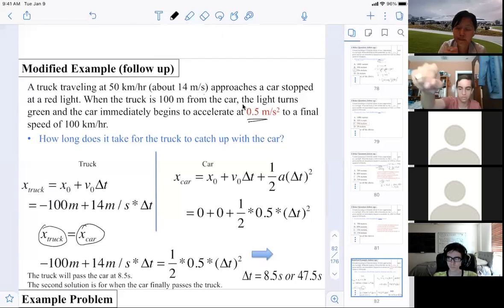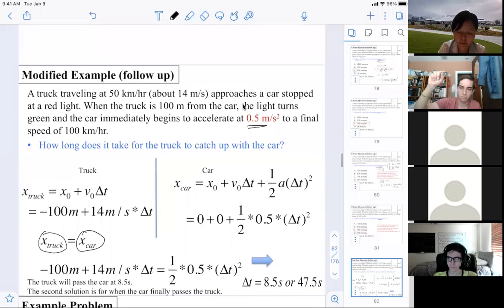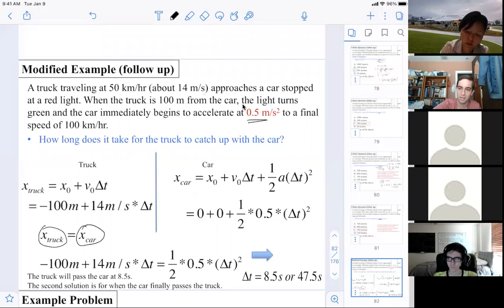Like it's going in a straight line, obviously, but the distance could be modeled by a parabola, and then the truck could be modeled by a line. So a parabola can intersect a line in two places. It can do it in either 0, 1, or 2.